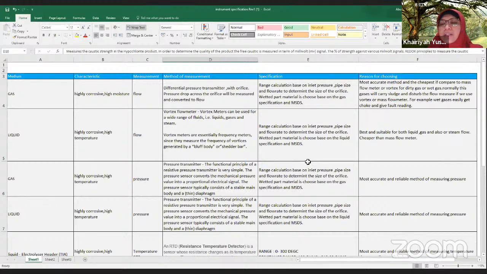Farid, anybody else with questions? Okay, there are 3 questions now in the chat area. If you have any other questions, please type them now, because otherwise you will not have a chance to ask Encik Anwar anymore after this. Are you ready to take the questions, Encik Anwar? Oh, you're muted.